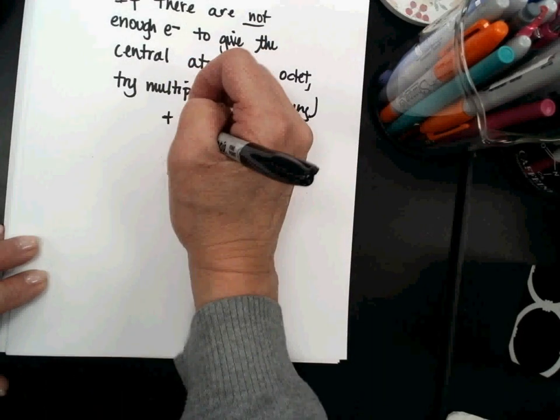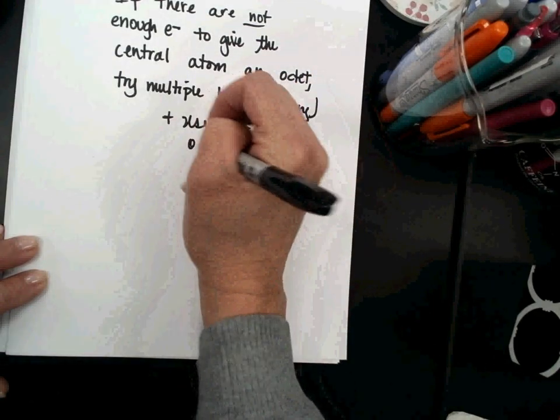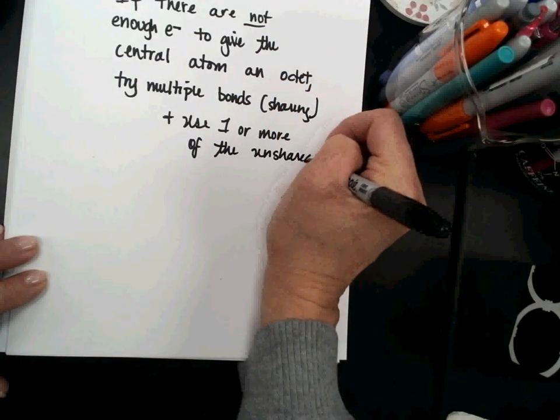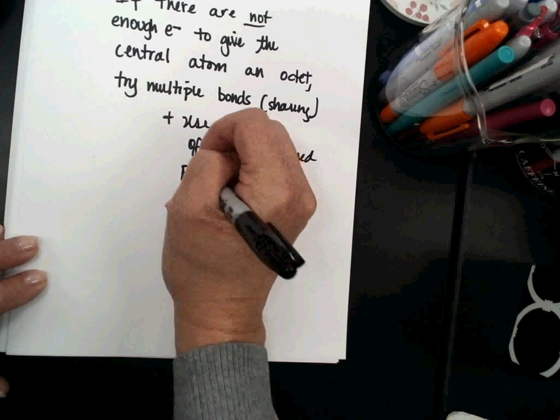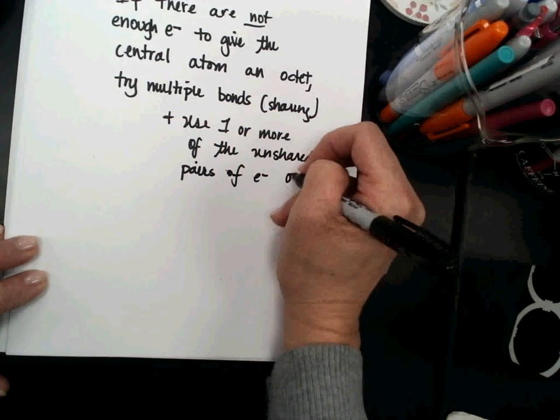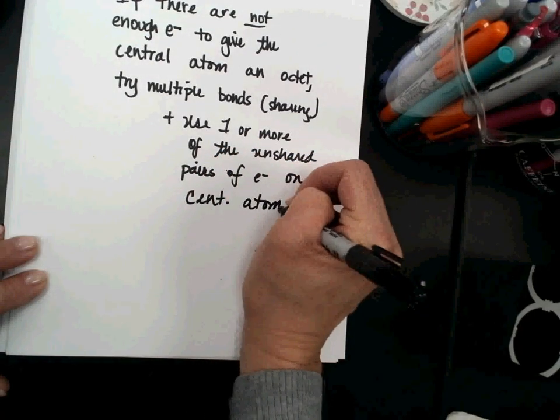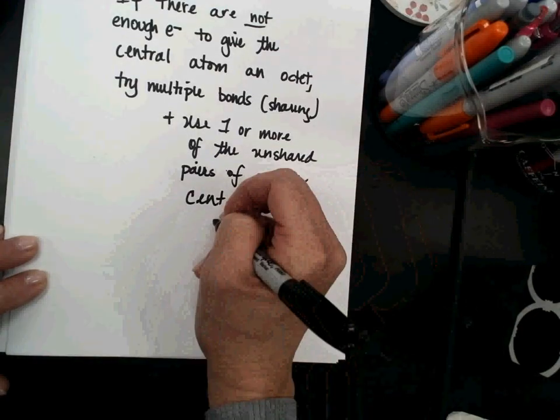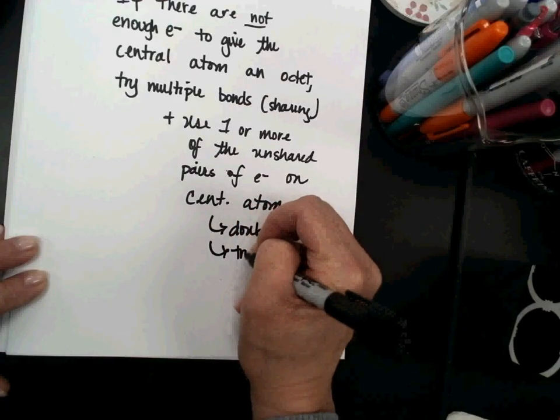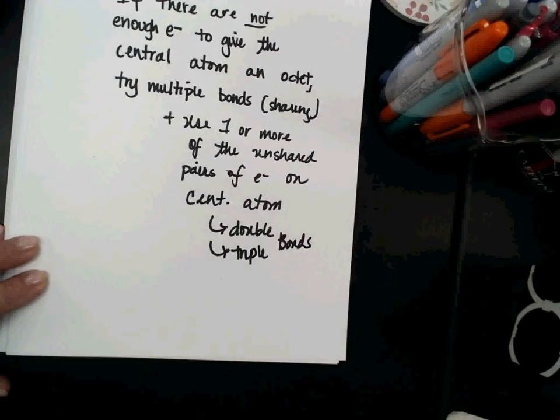You can use one or more of the unshared pairs of electrons on the central atom. So you can move them if you need to. I could do double bonds. I could do triple bonds. If I need to.